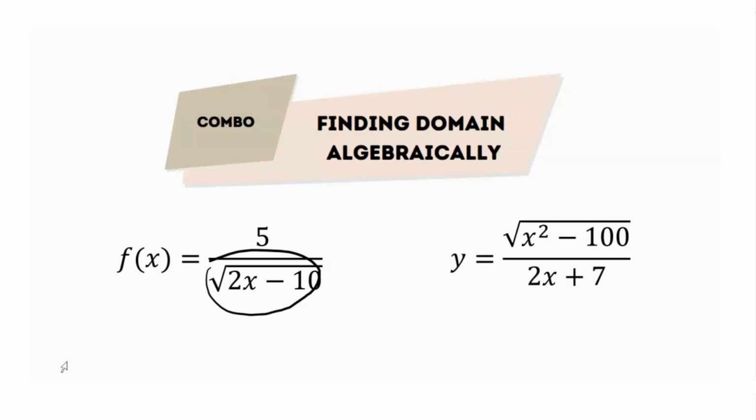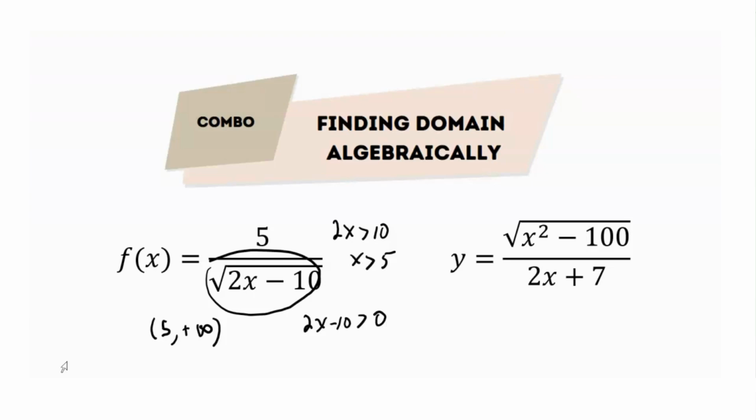So I'm going to adjust what I'm solving for the inequality now to 2x minus 10 has to just be greater than 0 because I cannot include 0 in this case. When we solve this, we get 2x is greater than 10, so x has to be greater than 5. So our answer in interval notation would be soft bracket 5 to positive infinity.